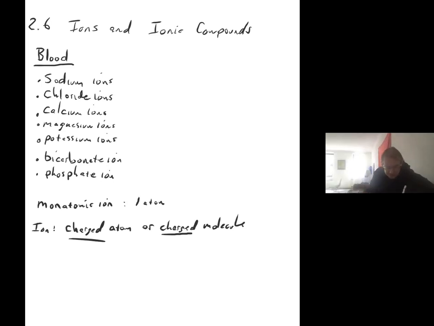So let's remind ourselves that in an atom, you have the nucleus at the center, right? And the nucleus is where the protons are and the neutrons. That's in the nucleus. Outside of the nucleus, you've got these things called electrons.